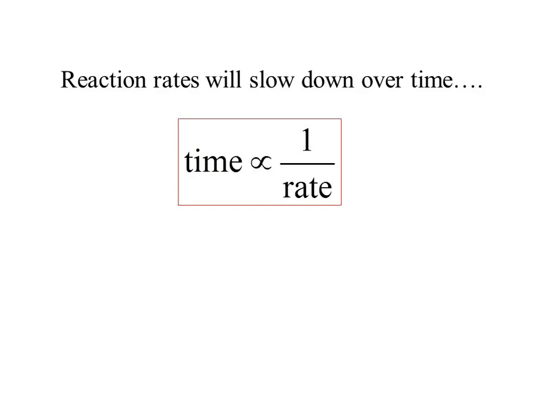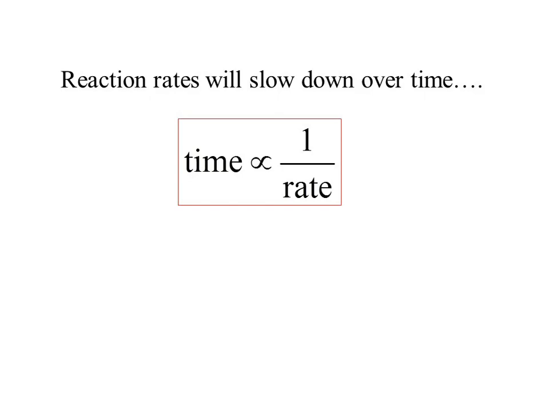We talked about inverse and direct proportionalities when we talked about the variables in gases. So as time goes up, rate goes down. It's hard to imagine that as time goes down, rate goes up. That would be going backwards in time.